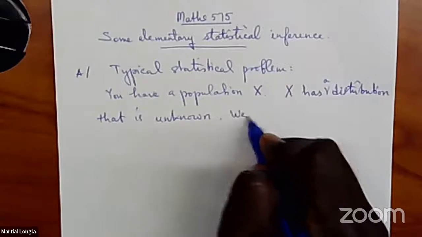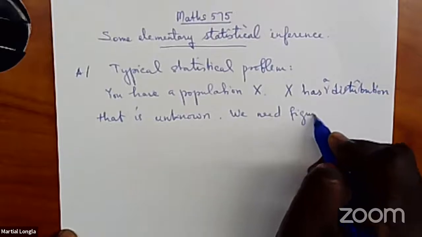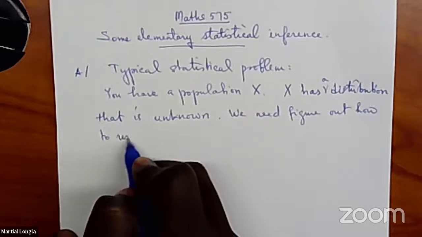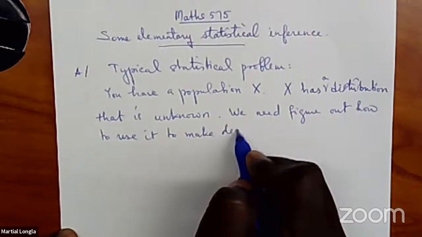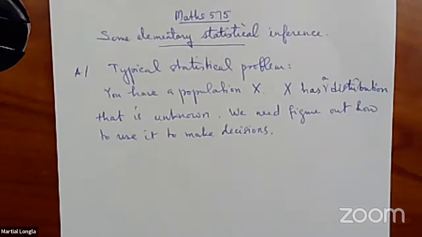And we need to figure out how to use it to make decisions. It's strange, right? So you have a population, it has a distribution. You have no idea what that distribution is, and you want to use that distribution that you have no idea about to make some decisions that will apply in some people's lives.